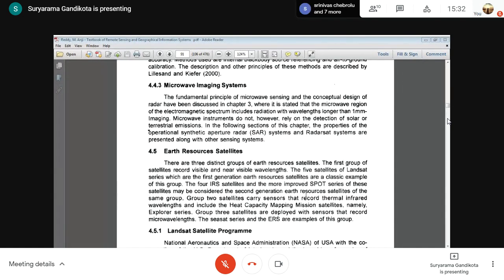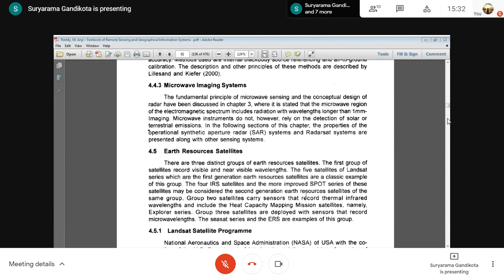The first group of satellites record visible and near visible wavelengths. The five satellites of the Landsat series, the first generation Earth resource satellites, are a classic example of this group. The four IRS satellites and the more improved SPOT series may be considered the second generation Earth resource satellites of the same group.